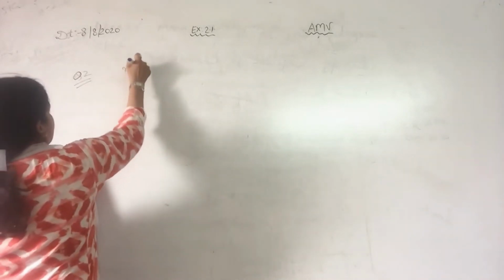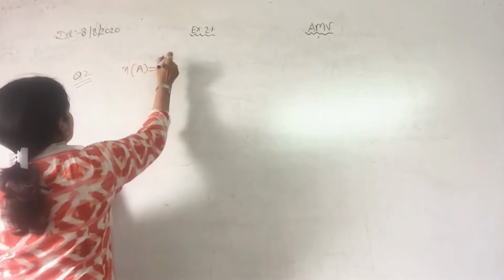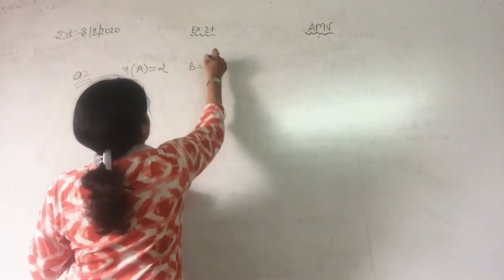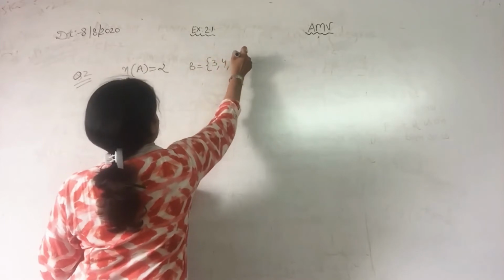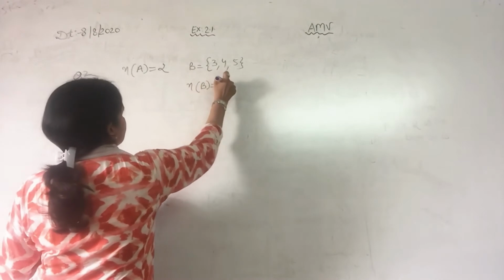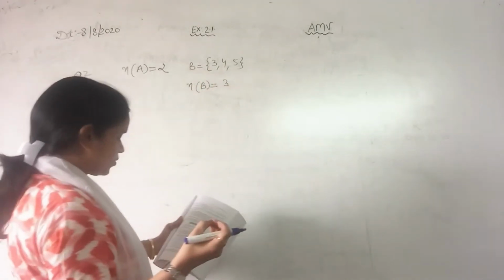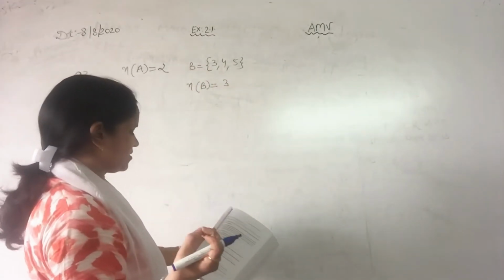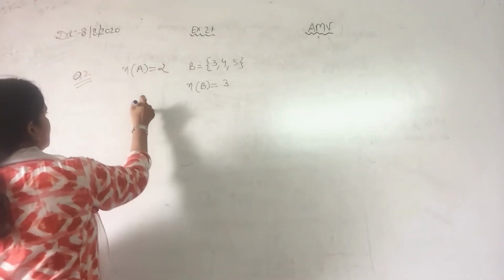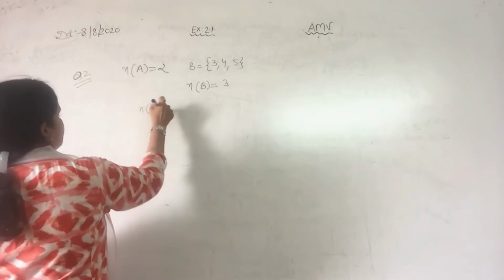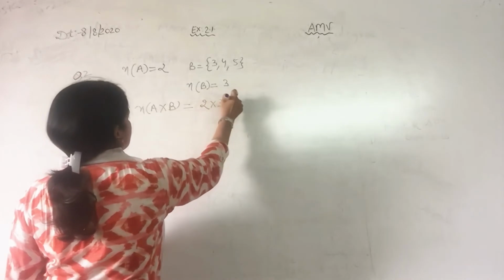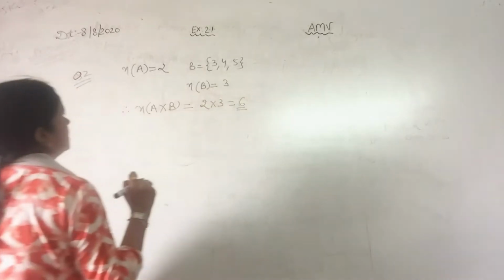So the number of elements in set B is 3, and we are required to find the number of elements in the Cartesian product A×B. So here n(A×B) is equal to 2 times 3. The answer is 6 only.